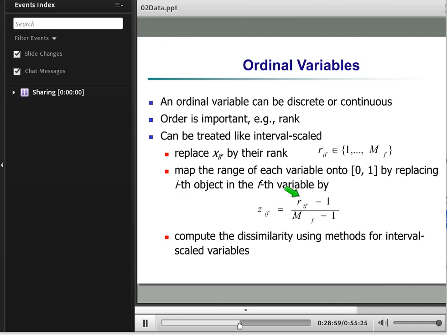For example, I have a value r, and the maximum value in the set is m. If my data is an ordinal variable, I can simply use r minus 1 divided by m minus 1. M of f is the highest rank in ordinal variables, or the maximum value in a set, and r is a data object, an example.